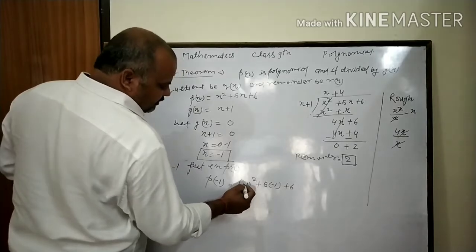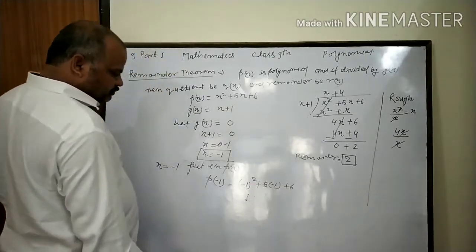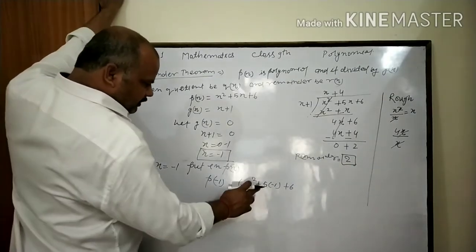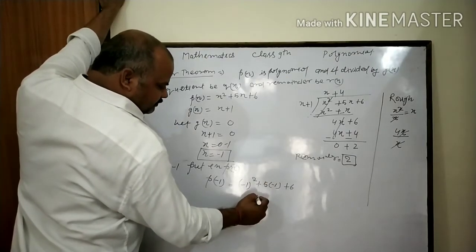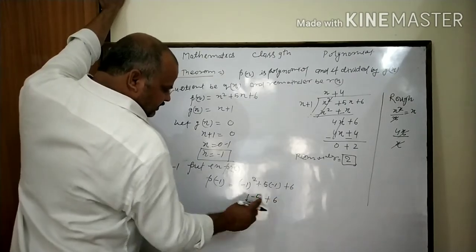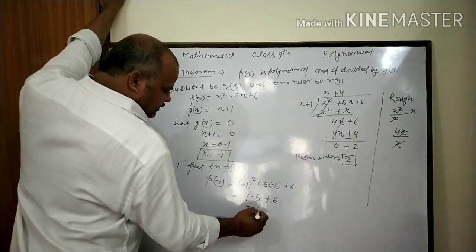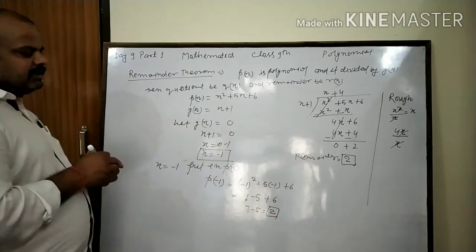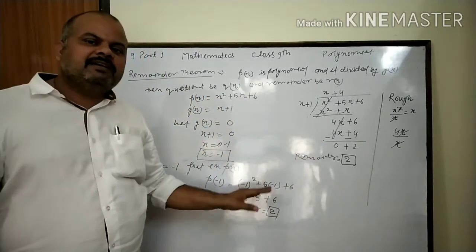It will be minus 1 square means plus 1, plus 5 into minus 1 is minus 5, and plus 6. Both plus 1 and 6 make 7, 7 minus 5 is equal to 2. You got the remainder by this process. Clear? Then this process is called the remainder theorem.